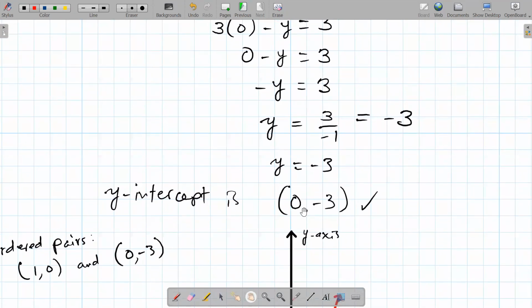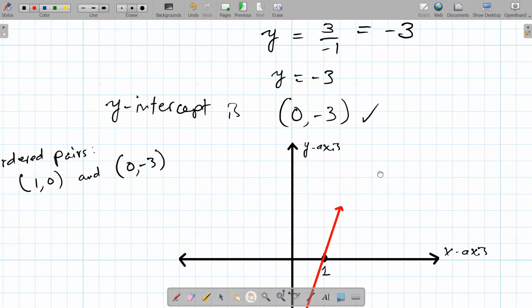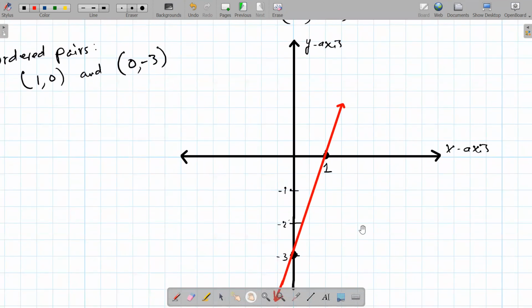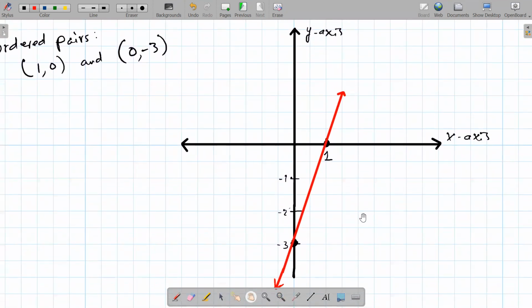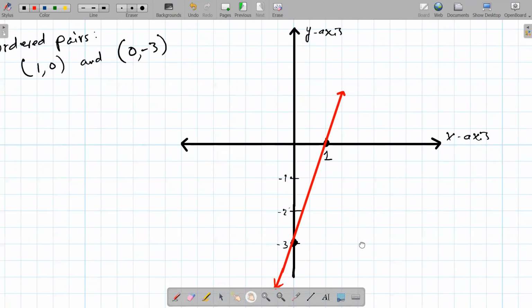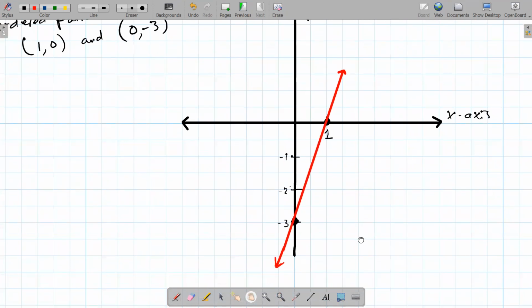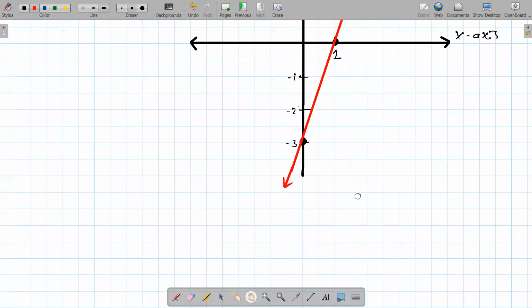As we did that, we had 0, -3. Now these 2 ordered pairs, these 2 points, we can easily graph. We just have to locate the points on the axes, and then join them with a sharp edge to form a graph.